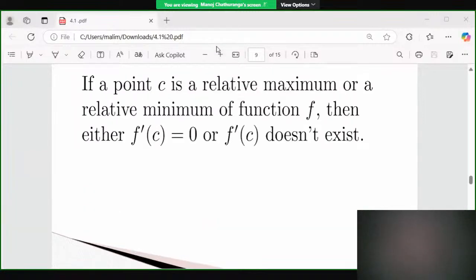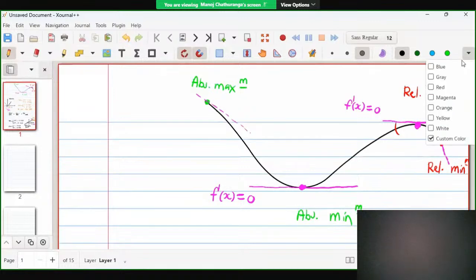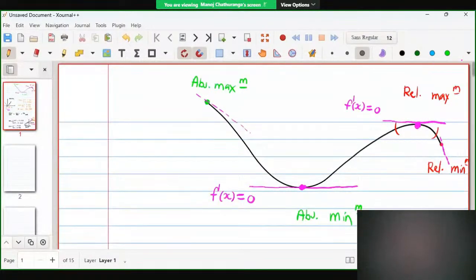if I go all the way back to these endpoints, to this top picture, over here, if you think about it, we don't actually have the derivative at that point.